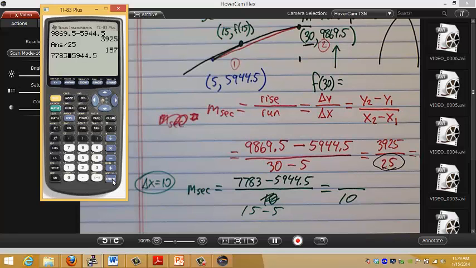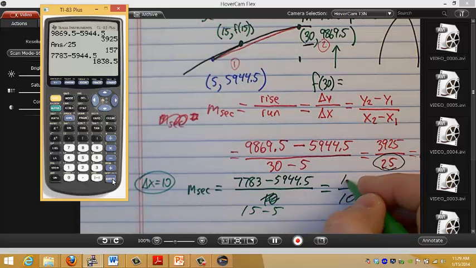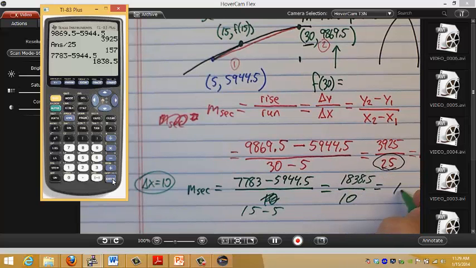So 7783 minus 5944.5 is 1838.5. If I divide by 10, I get 183.85. It is steeper.